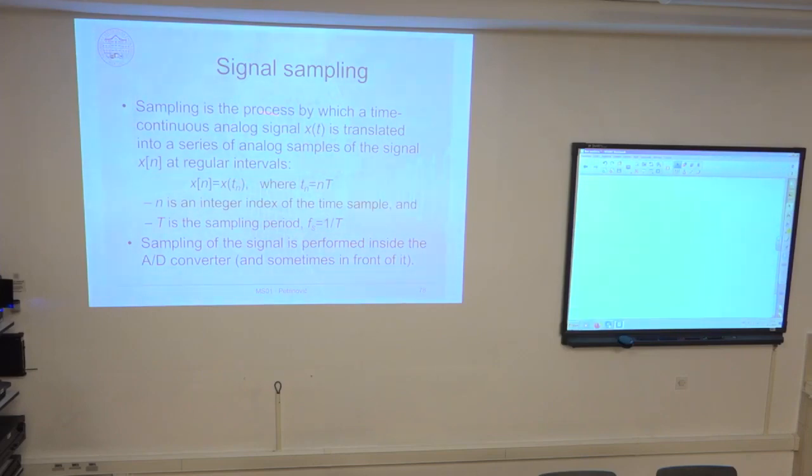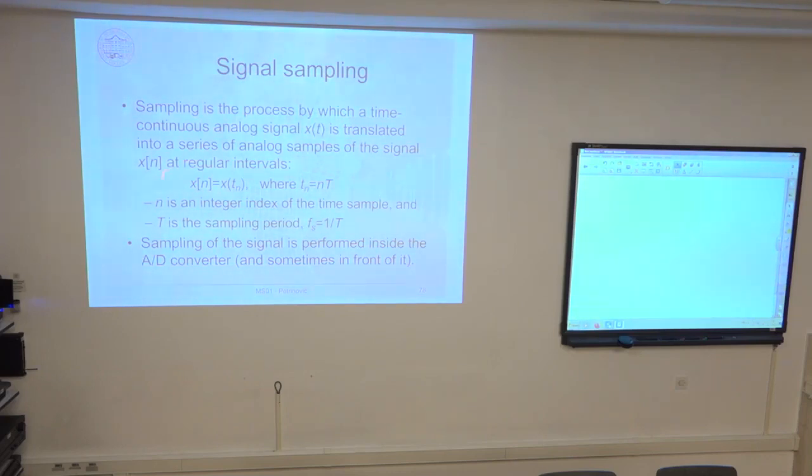This time discretization is actually conversion between continuous signal, x of t, into a series of samples. So far, we will assume that these samples are not quantized in the amplitude, but only time discrete values of the signal.